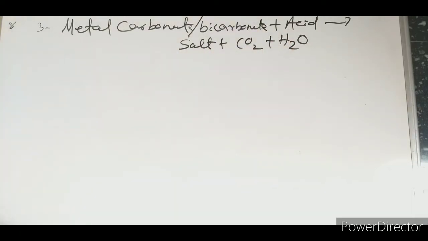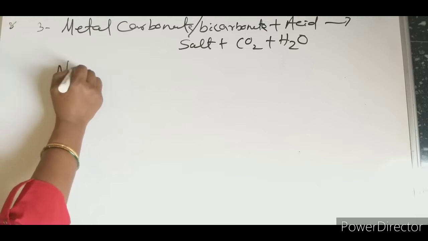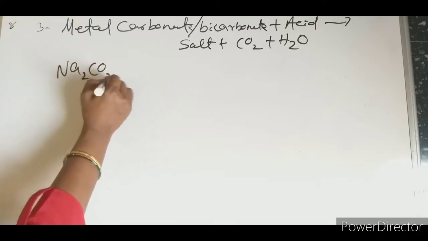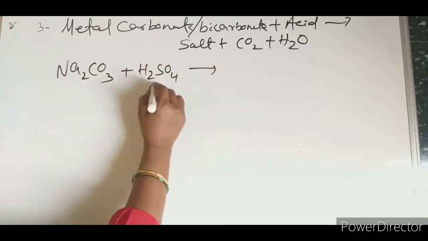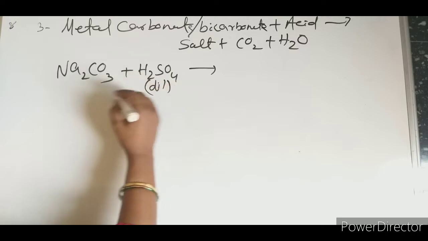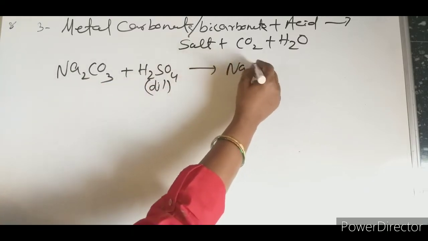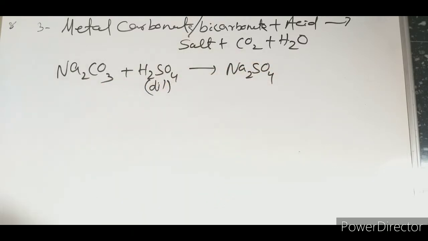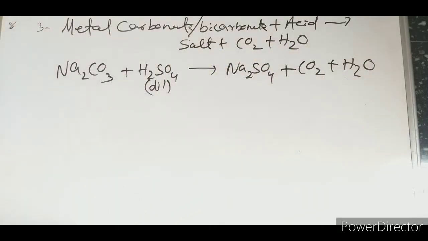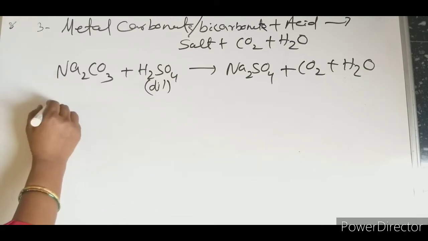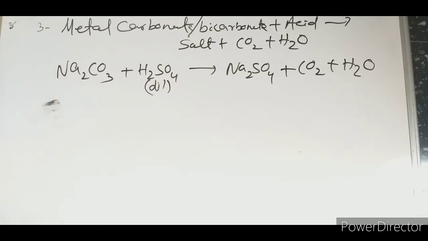Let us take sodium carbonate, Na2CO3, with H2SO4, obviously dilute. Here we get Na2SO4, along with carbon dioxide and water. If we take bicarbonate, the same thing: let us take sodium bicarbonate or potassium bicarbonate, anything.